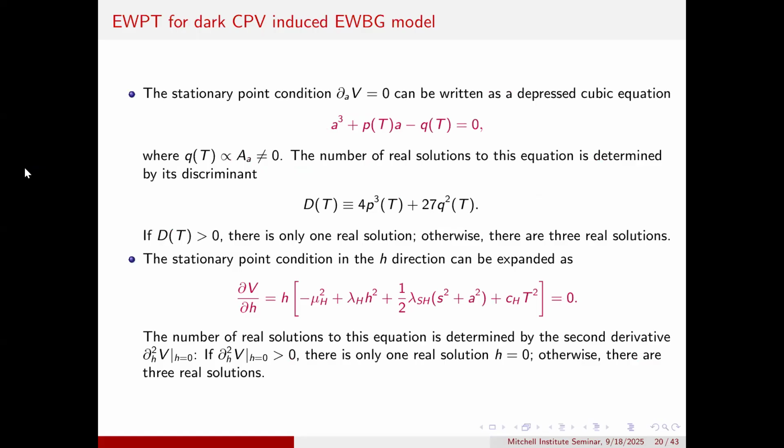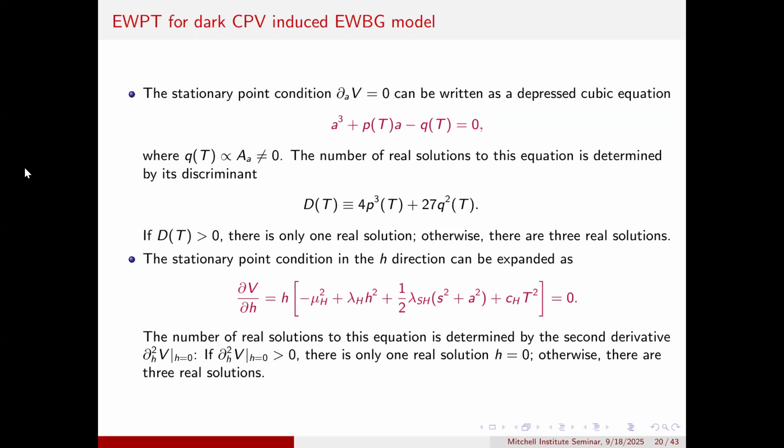So now we expand the stationary point condition in the A direction and find it to be this cubic equation. And the number of solutions to this equation is determined by the discriminant function. If this is positive, then there's one solution, otherwise there are 3 solutions.